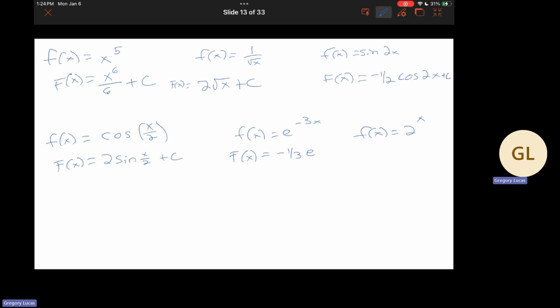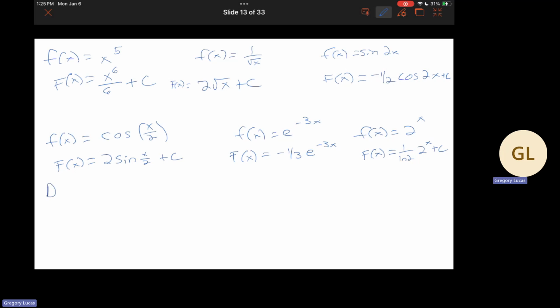So I'd have minus 1/3 e to the negative 3x. And then the last one, if I get 2 to the x, I would have had to start with 1 over ln 2, 2 to the x plus c. Sounds a little trickier there. But soon we will learn some rules.